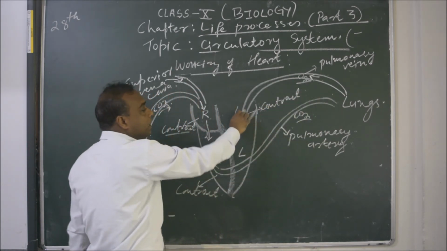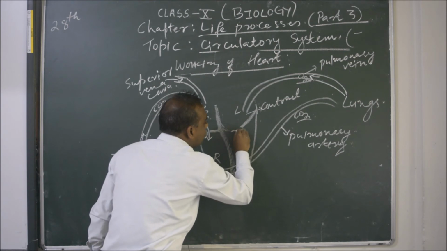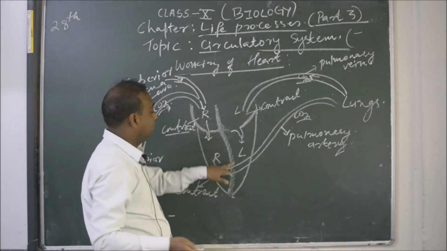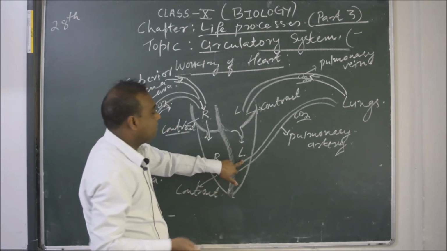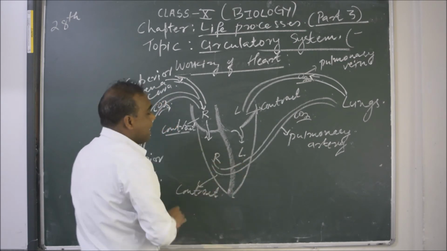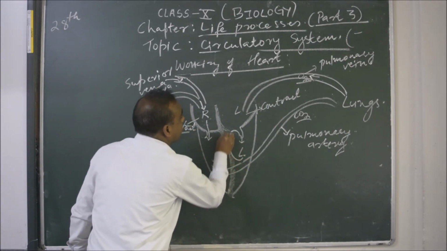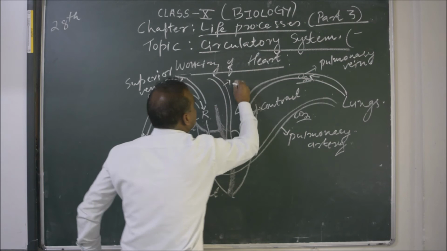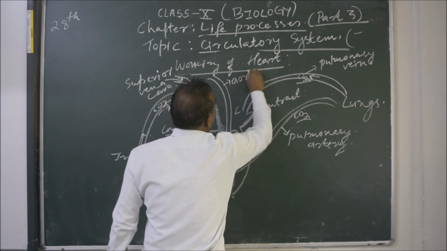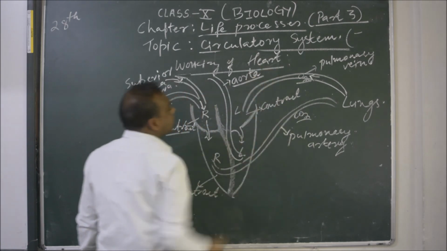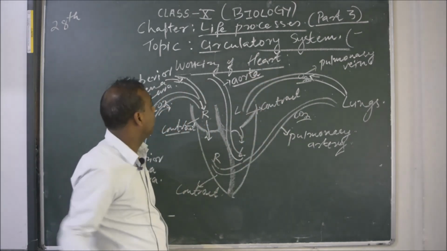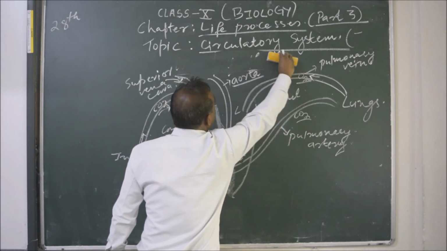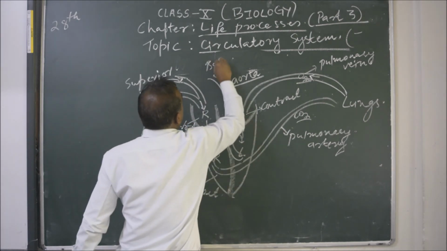After the contraction of the left atrium, the blood flows towards the left ventricle down here, and the left ventricle again expands and contracts. Then the blood is taken by the largest artery, known as the aorta, A-O-R-T-A. The aorta is the largest artery in the human body, which takes the blood from the heart to the body. I write here: body.